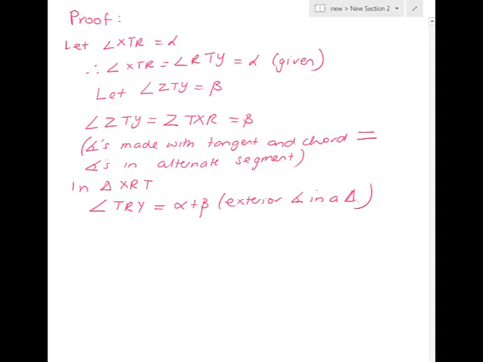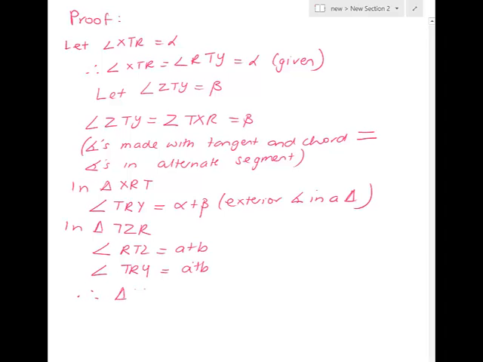And now we referred back to the original isosceles triangle. So in triangle TZR, we've shown that angle RTZ is equal to alpha plus beta. And we also showed from above that TRY is also equal to alpha plus beta.